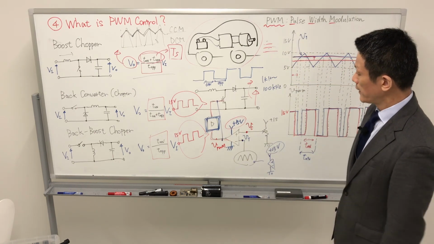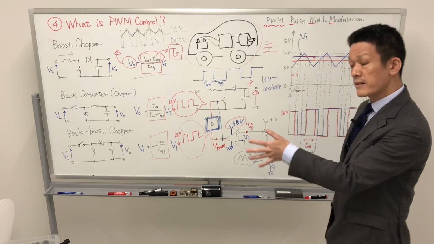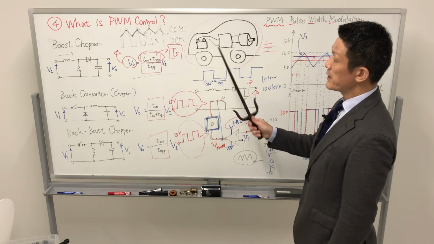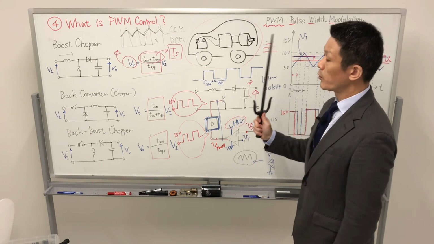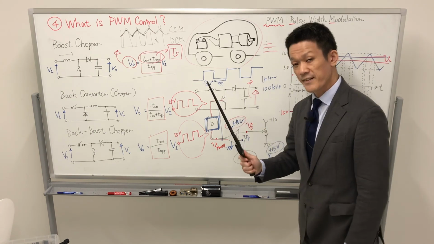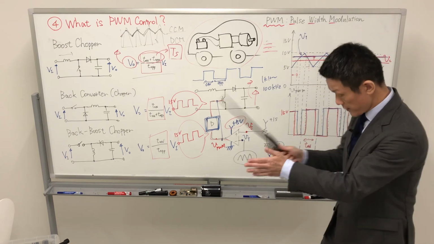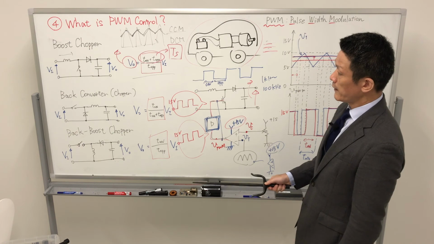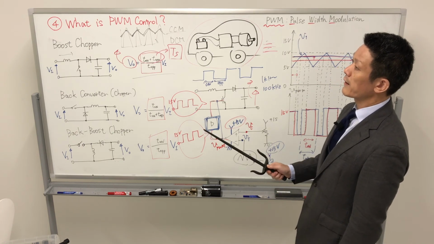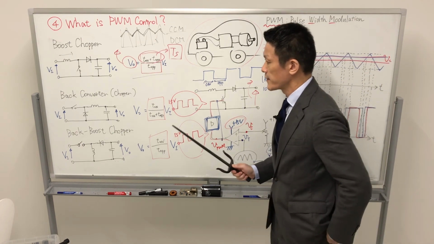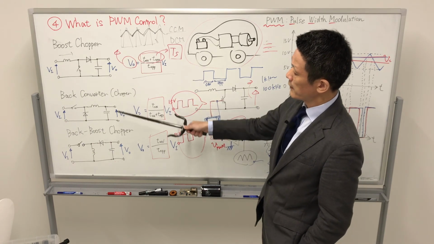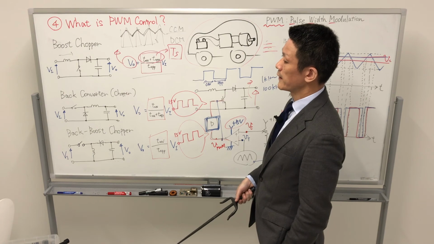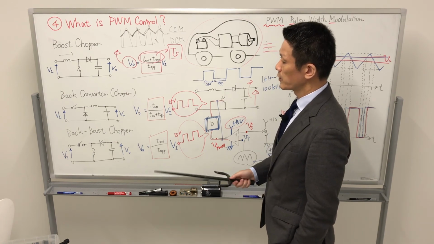So today's essence is that please understand the essence of PWM control. The essence is a very, very important thing. In the textbook, your exercises are many circuit analyses, but that's not the essence.